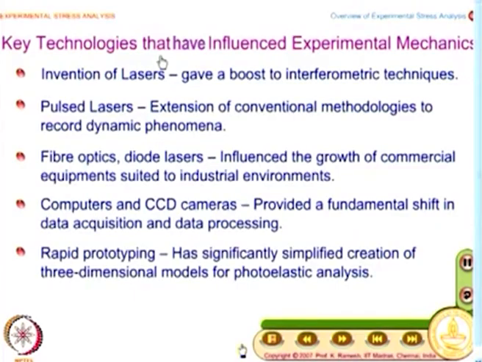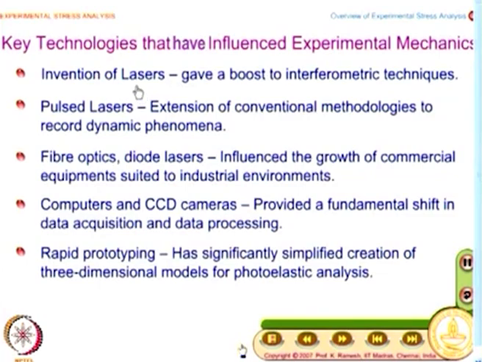Then we also discussed that all these techniques have been greatly influenced by technological development. So, what we saw in the last class was the key technologies that have influenced experimental mechanics.